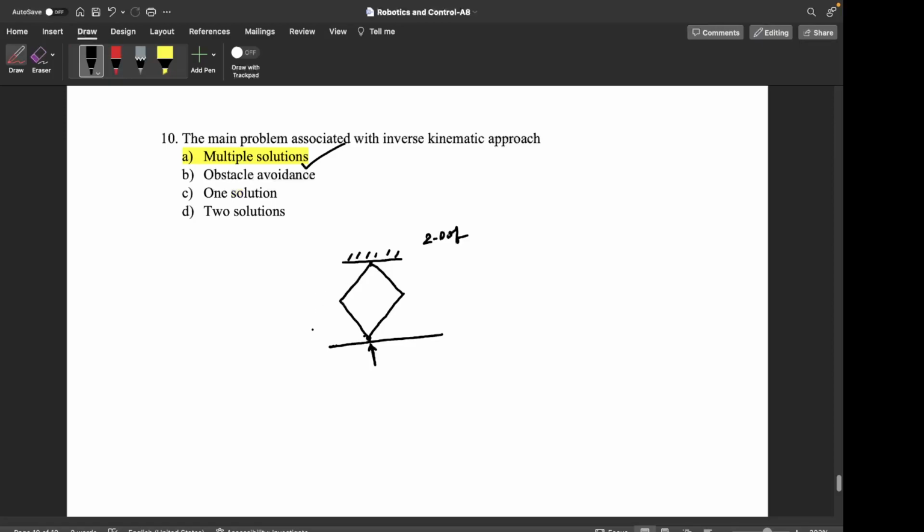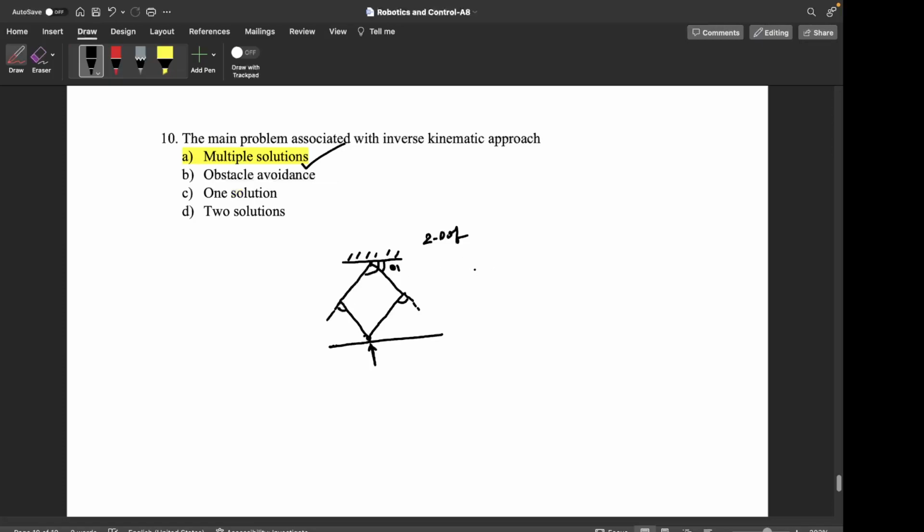So we can make the end effector reach the same point but with the manipulator in different configurations. So this demonstrates multiple solutions. In this case, if this is theta 1, then in the second case this theta 1 is different. In the first case this is theta 2, but in the second case this theta 2 is different.